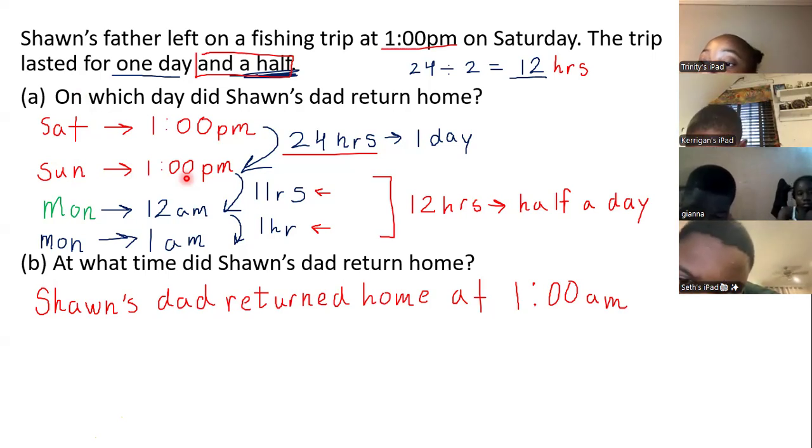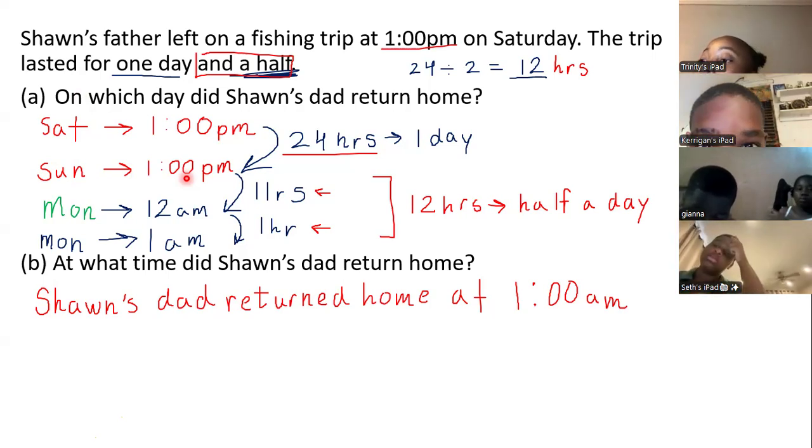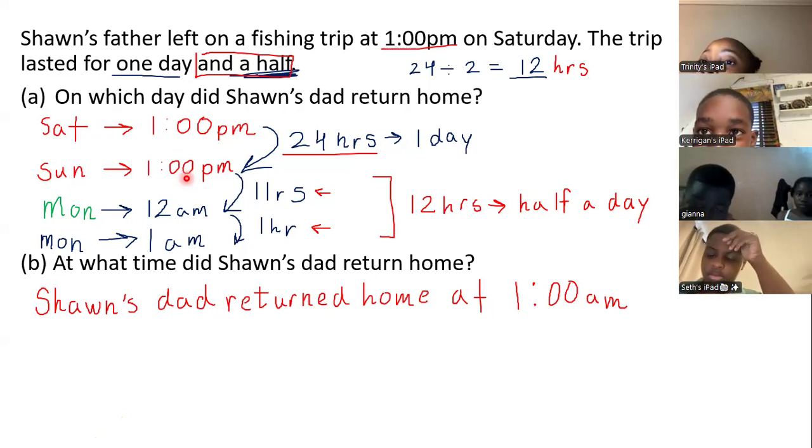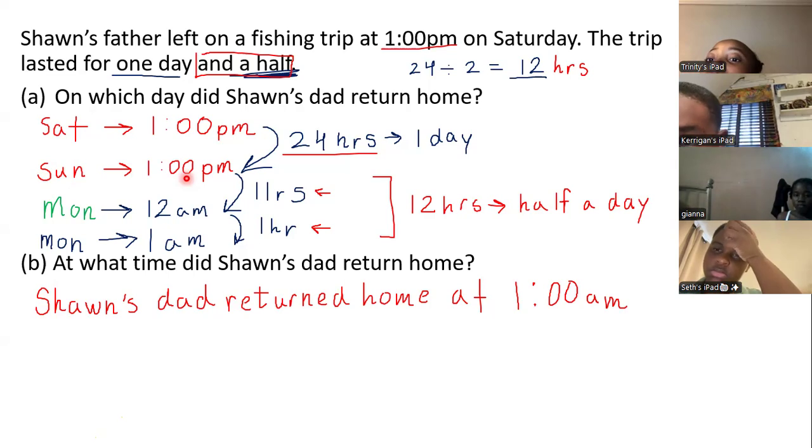I did. Go ahead. So Sean's father left on a fishing trip at 1 p.m. on Saturday, and it lasted for 1 day and a half. So from Saturday 1 p.m., 24 hours would be the next day, which is Sunday, to 1 p.m., and then we have to add the 12 hours, which is half of the day.